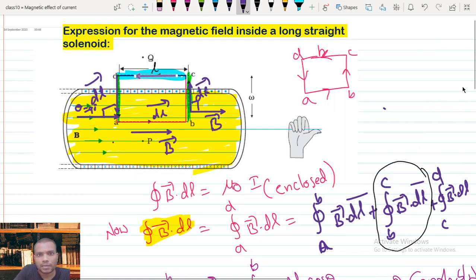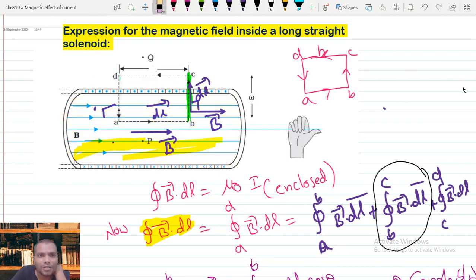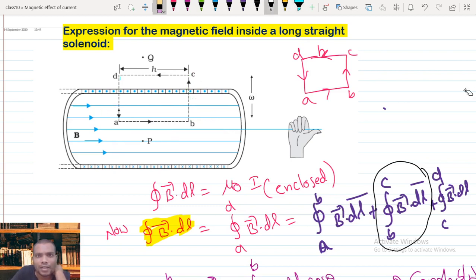This is the elemental length dl direction, and if you look at the diagram itself, there are no magnetic field lines drawn there.